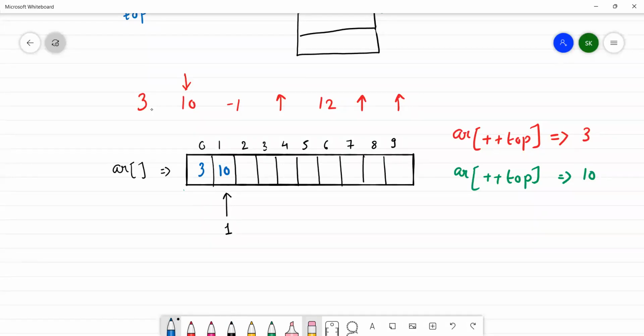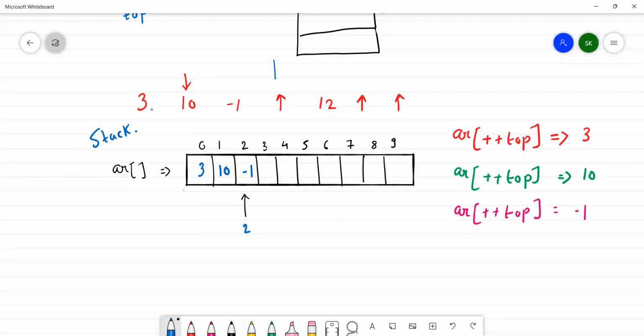For -1, again the same thing is going to happen: array of ++top equals -1. The pointer will again move, come here, and -1 will be stored in your stack. Clear?